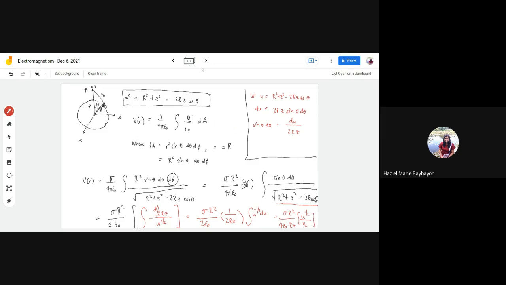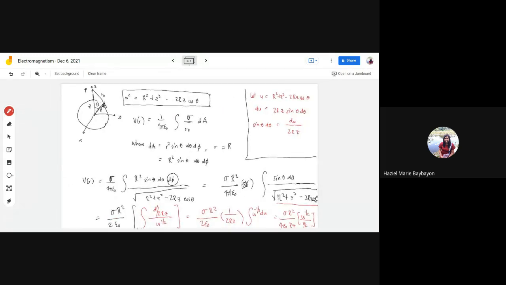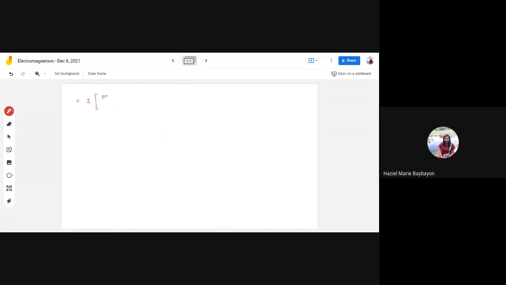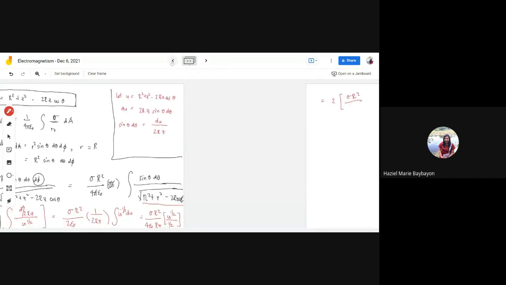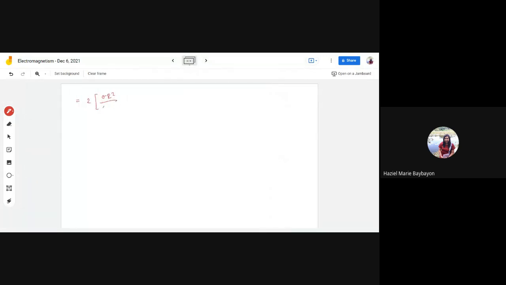Or we can rewrite that as 2 multiplied by sigma r squared divided by 4 epsilon naught rz.